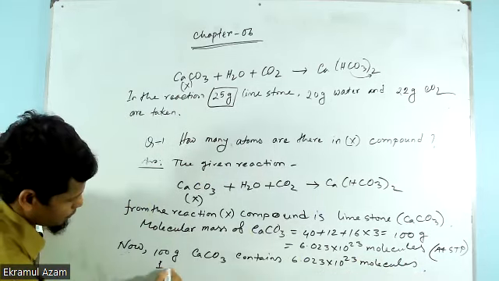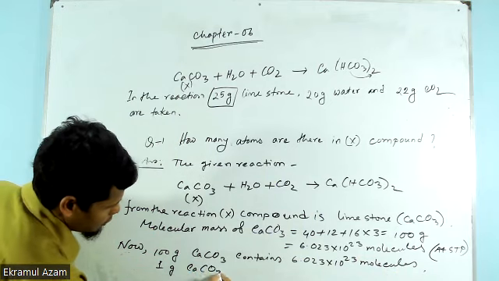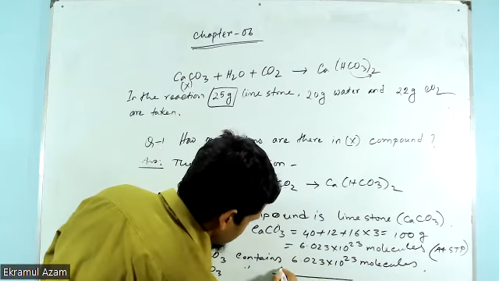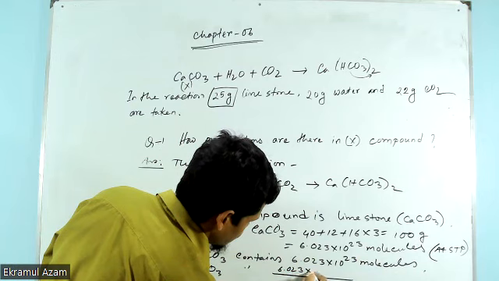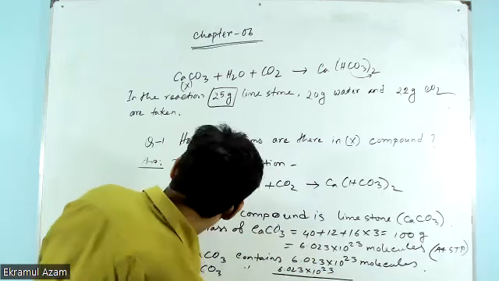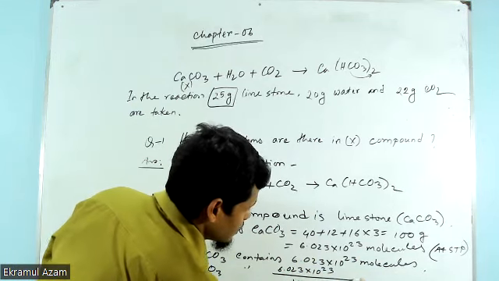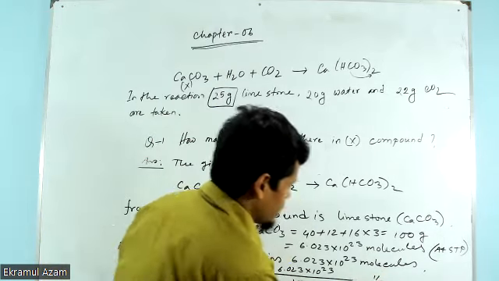Here 1 gram calcium carbonate contains 6.023 into 10 to the power 23 divided by 100 molecules.